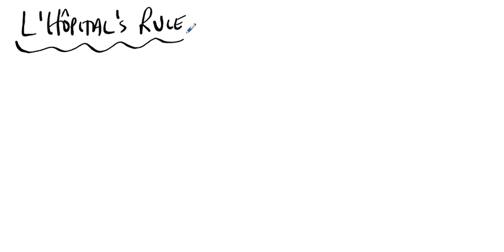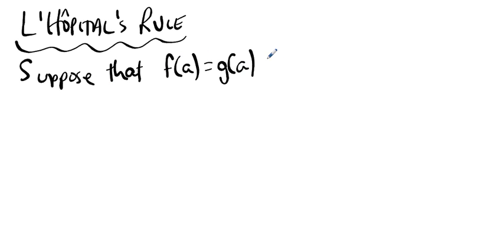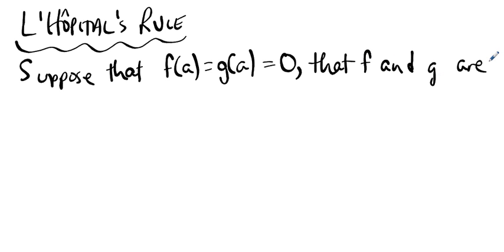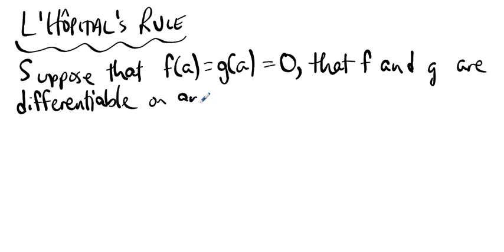This is L'Hopital's rule. And my French minor will require me to put l'accent circumflexe right there. It goes like this. Suppose that f of a and g of a are both 0 for some a in the domain of both of those functions, that f and g are differentiable, which you will remember from Calc 1 implies they are continuous.